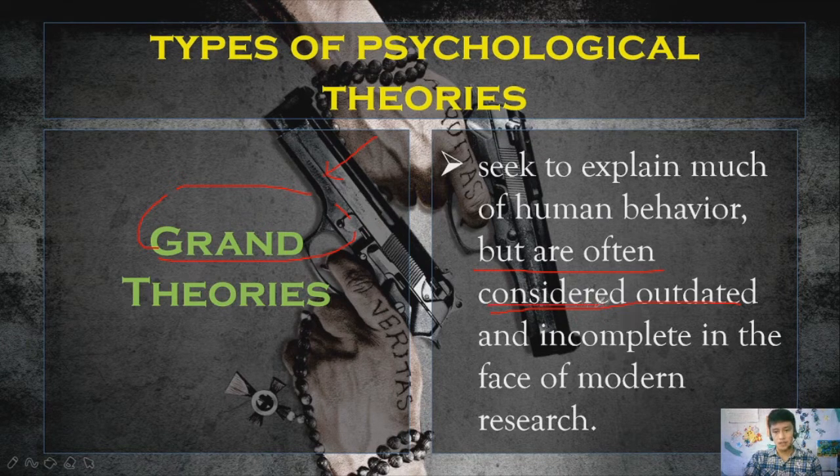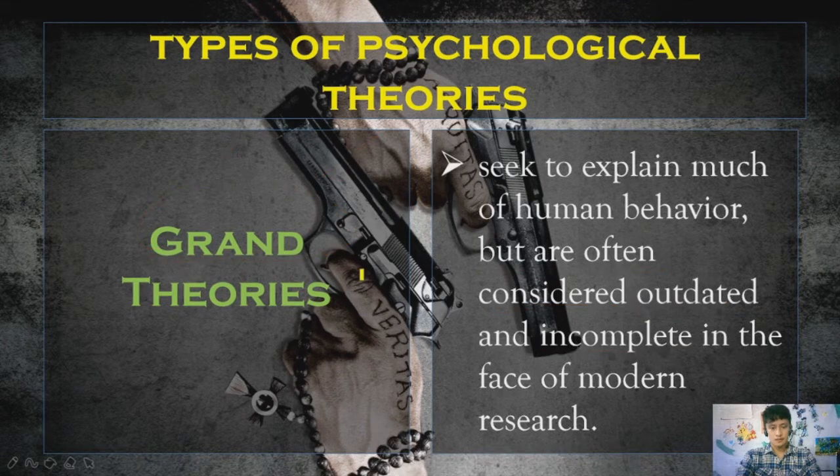They are somewhat outdated, but they are still accepted because their accuracy, or the probability of their theories, is high. That is why they are still studied now, and the opinions of those major thinkers are still believed. But take note, when we say grand theories, those are theories explaining human behavior that are considered outdated and, aside from that, incomplete.